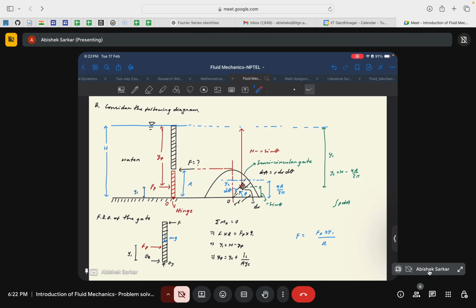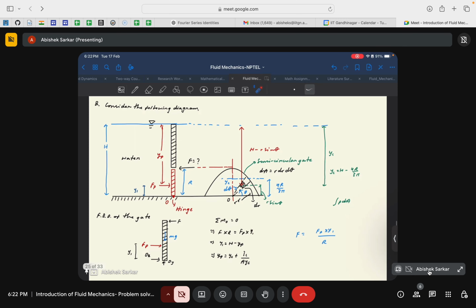The way these questions might be varied in your exams is that they might change the shape of this plate. Of course it's very unnatural to have a semicircular shaped gate; usually it is rectangular, for ease of construction and the simplicity of the force evaluation.